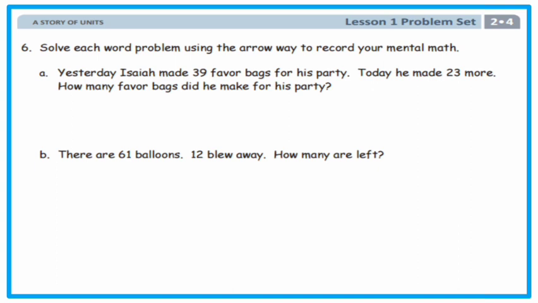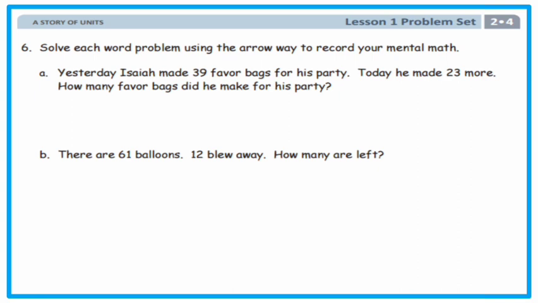How many favor bags did he make for his party? I want you to solve this using arrow way, okay? You're going to say 39, 23, that is 2 tens, 3 ones. So 39 plus 10 plus 10 plus 3. Okay, now that plus 3, you have to break it 1, 1, and 1.